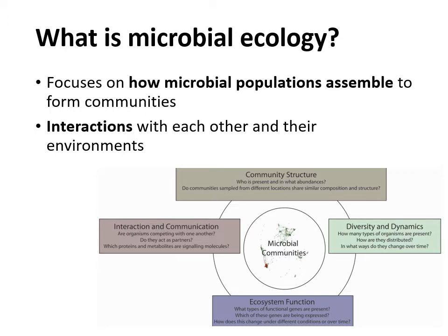Now, in order to study that community structure, there's various things you can use, such as enrichment or isolation culture dependent. Okay, and so we're going to go through that now in the following slides.